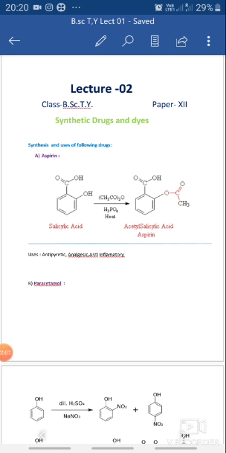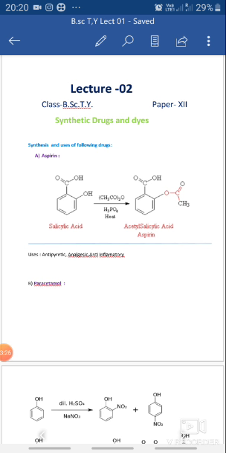When phenol undergoes carboxylation with carbon dioxide at ortho or para position, at that time it gives ortho-hydroxybenzoic acid, that is called salicylic acid.